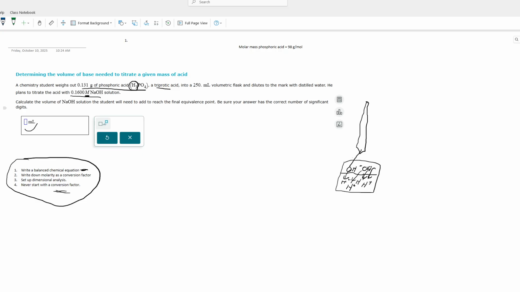So let's go ahead and write a chemical equation right here. I have phosphoric acid, H3PO4, plus the sodium hydroxide, and that always gives us the salt, which in this case is going to be sodium phosphate, Na3PO4, plus my water here.